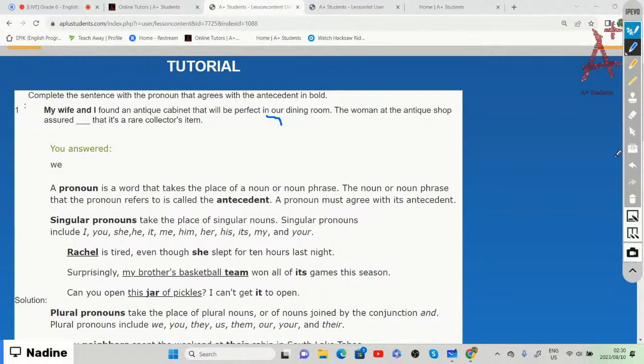So our is the pronoun and the antecedent is my wife and I.